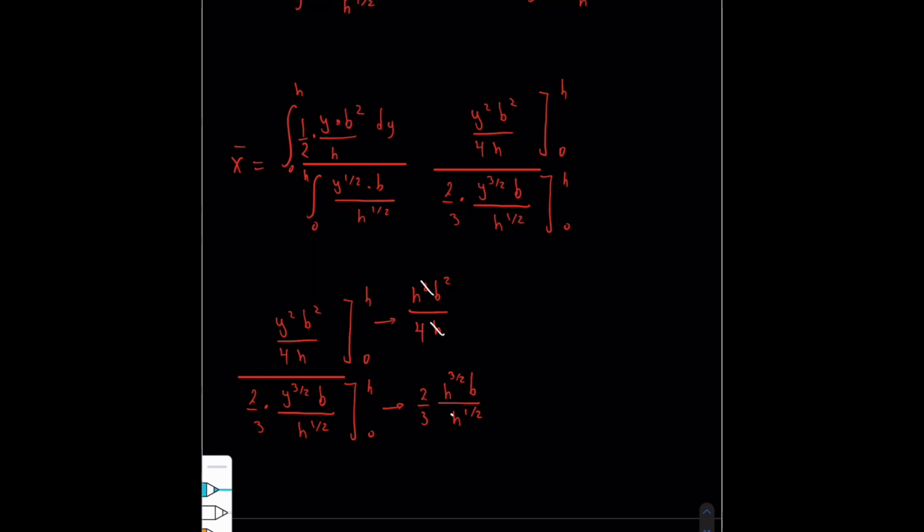This is going to cancel out, and we're just going to be left with an h to the power of 1. Okay, here are our two pieces of the integral for the centroid. Our results: 3 times hb.